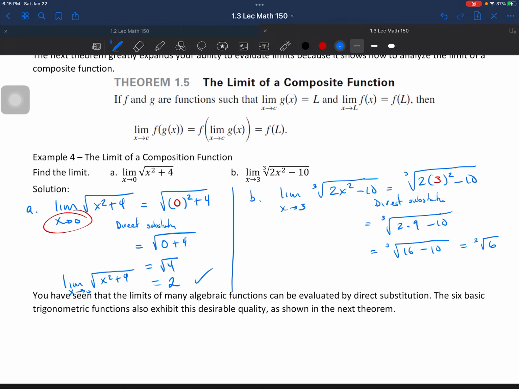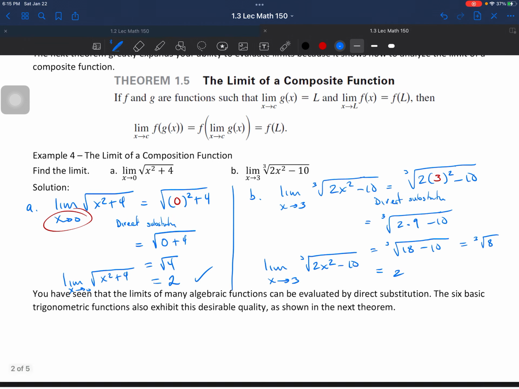So 2 times 9 is 18. There you go. And then this will be 8. And then the cube root of 8 is 2. And so, in conclusion, the limit of the cube root of the quantity 2x squared minus 10 as x approaches 3 is 2.